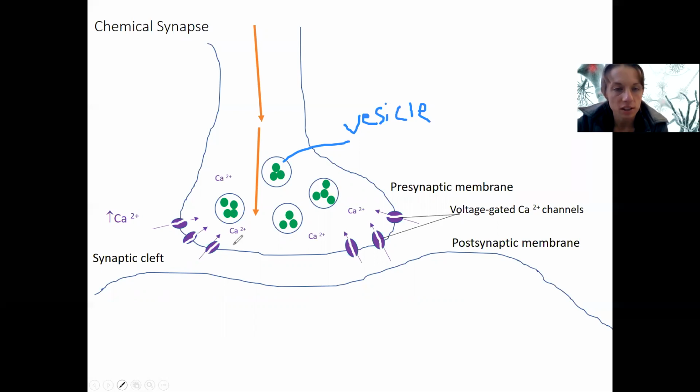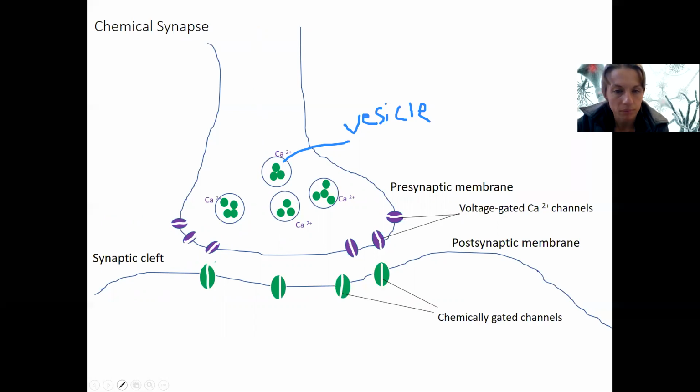When calcium flows into the cell, it binds to these vesicles and causes them to fuse with the presynaptic membrane. Like that, boom. So this neurotransmitter here, I can label that neurotransmitter, is released into the synaptic cleft. The neurotransmitter is going to bind to the chemically gated channels and cause them probably to open, and then something to happen here. We'll get back to that.